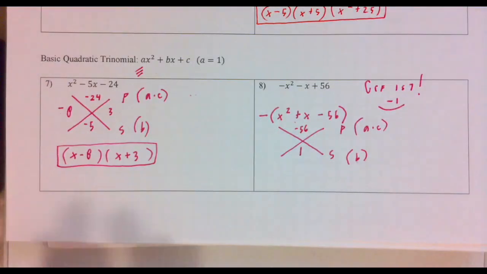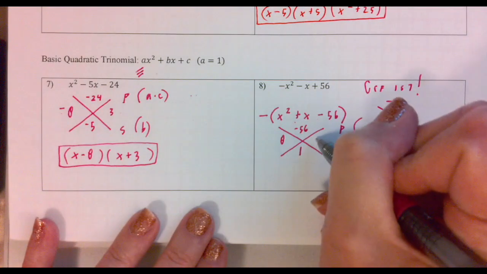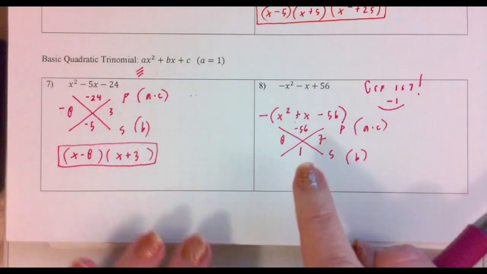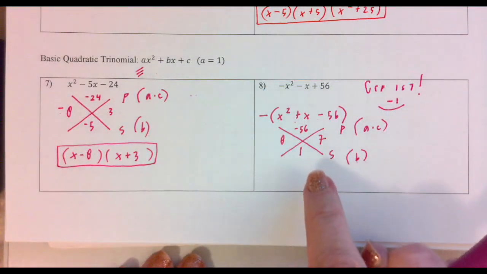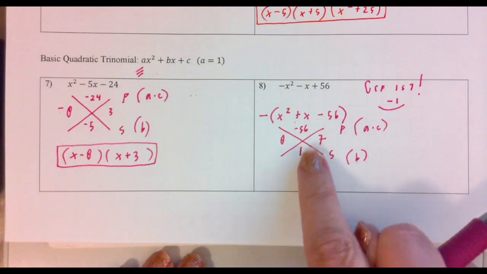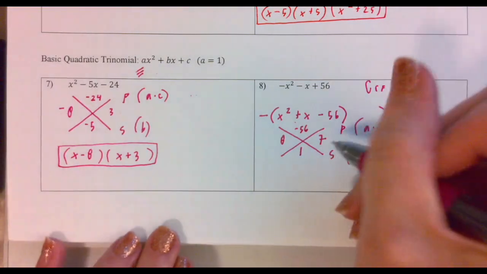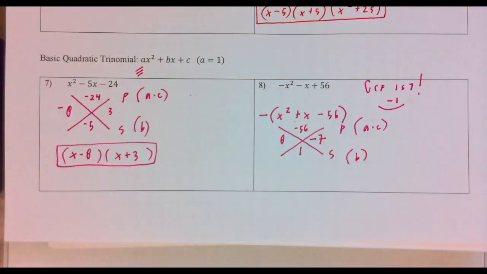So I know that the numbers have to be really close to each other. It's just that one is positive and one is negative. So 8 and 7 feel good, but one is positive, one is negative, and it has to be a sum of 1. So that 7 must be my negative.